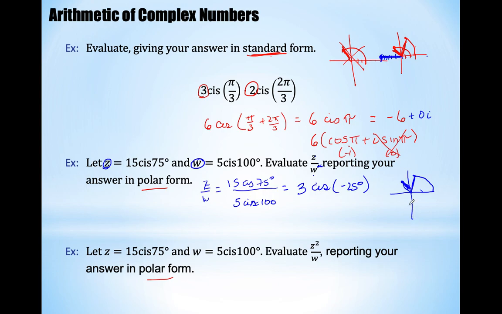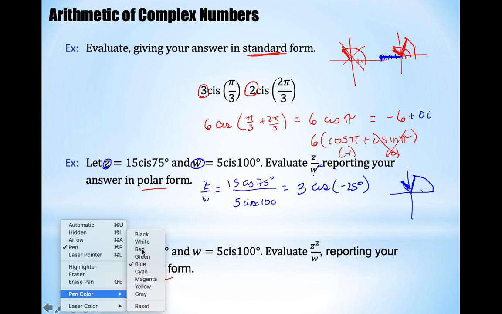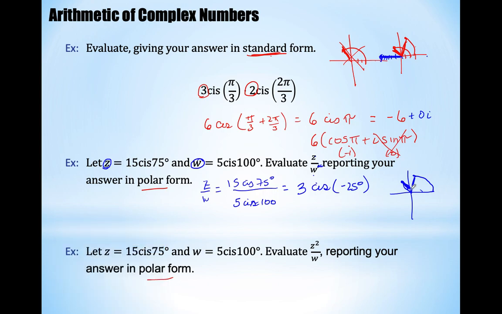So dividing them, I get a shorter radius of only 3. And going down negative 25 lands me there, right? Probably even a little bit higher.